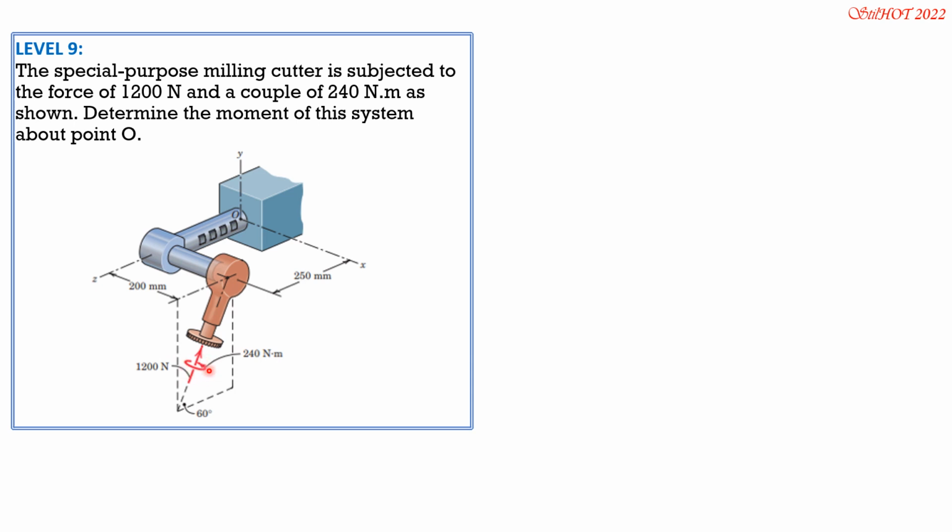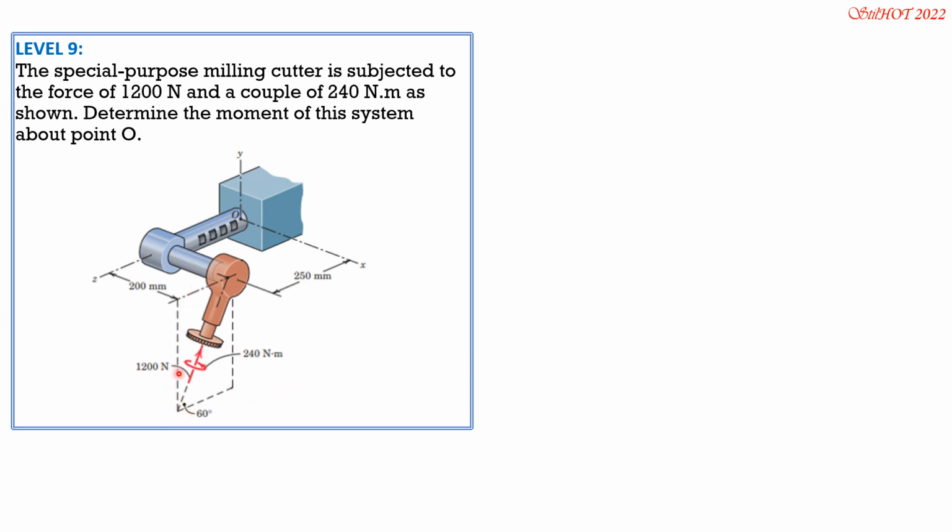Remember, the couple is independent of its moment center, so you can move it directly to O after we change it into vector form, computing its components. So the force is 1,200. The components are negative along Z and positive along Y.